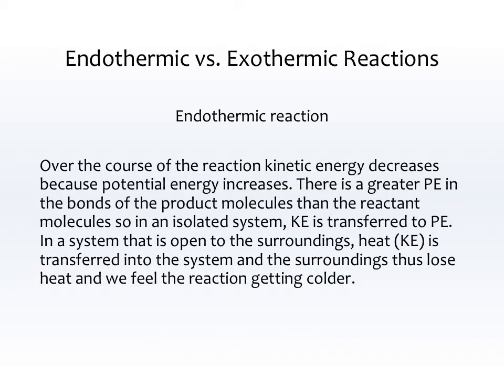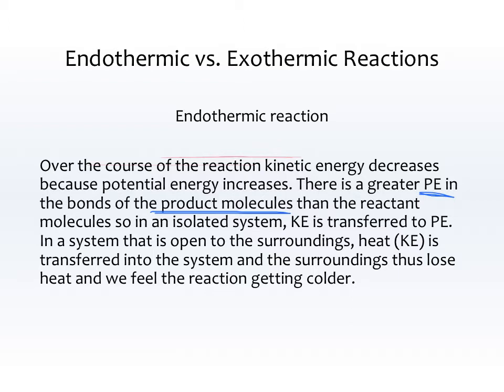So in endothermic versus exothermic reactions, an endothermic reaction, over the course of the reaction, kinetic energy decreases because potential energy increases. Since in a closed-off system, there's a conservation of energy, one energy has to transfer to another. So there's greater potential energy in the bonds of the product molecules than in the reactant molecules.